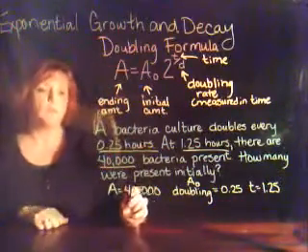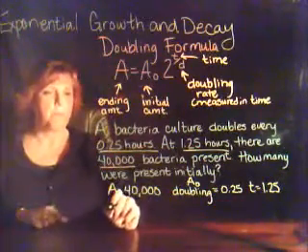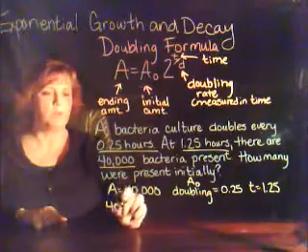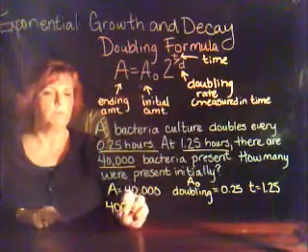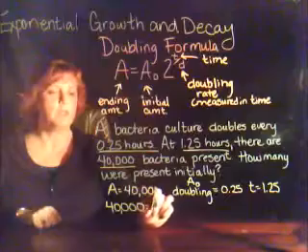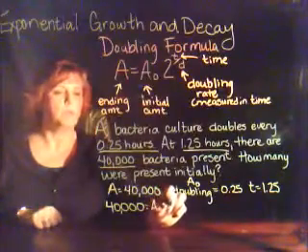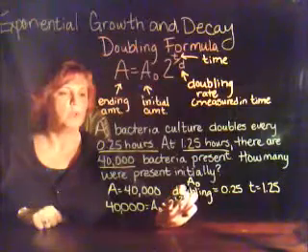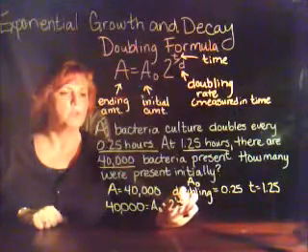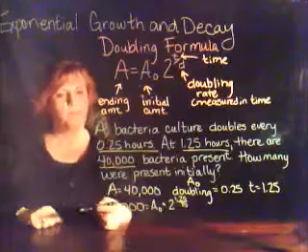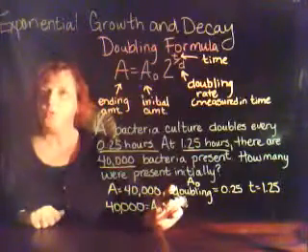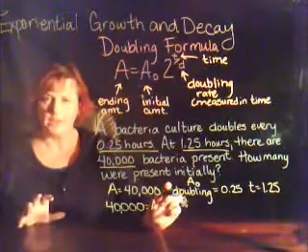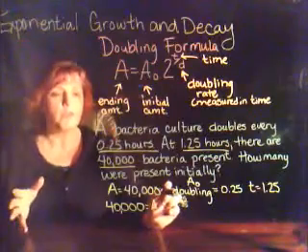So we can set the formula up as 40,000 equals A sub 0 times 2 raised to the time, which is 1.25, divided by 0.25, our doubling rate. Now 1.25 divided by 0.25, I can simplify it, comes out to a real simple number of 5.